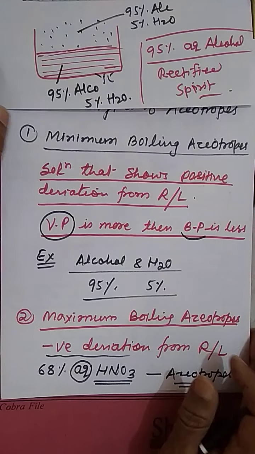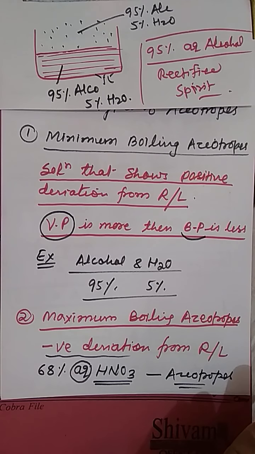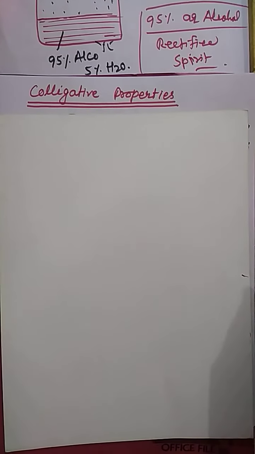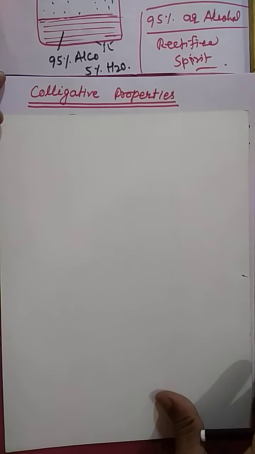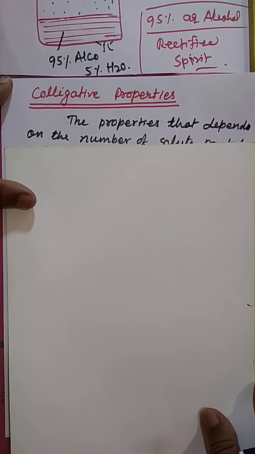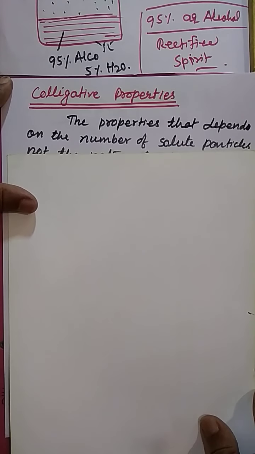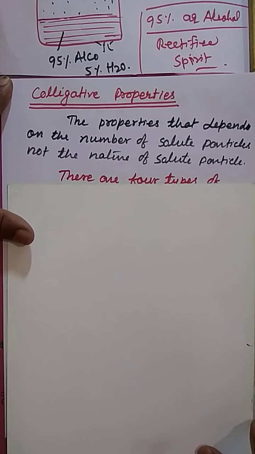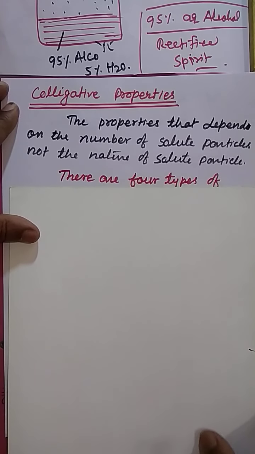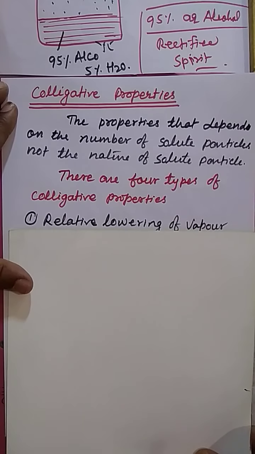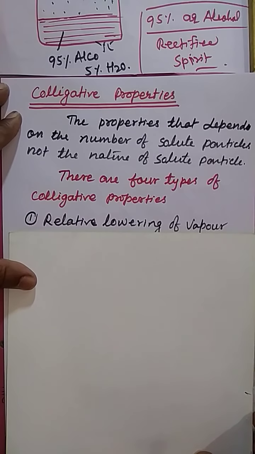Now my next topic is colligative property. Well friends, now we see colligative properties. The properties that depend on the number of solute particles, not the nature of solute particles. And there are 4 types of colligative properties. First one is relative lowering of vapor pressure.